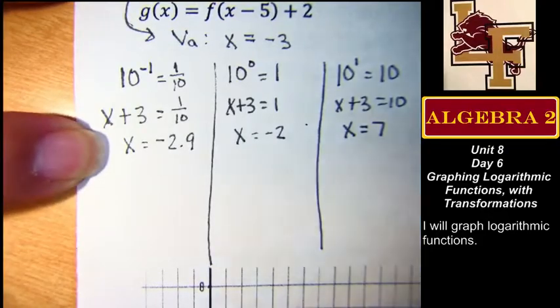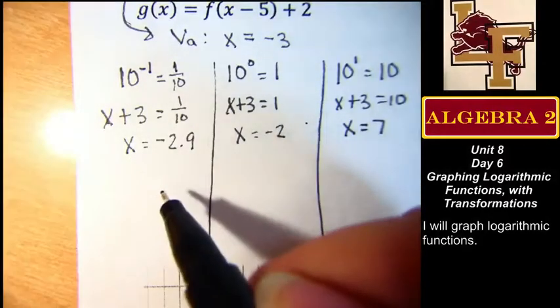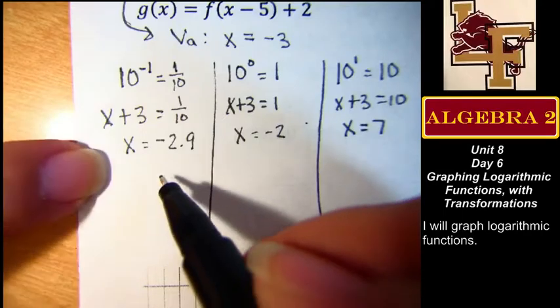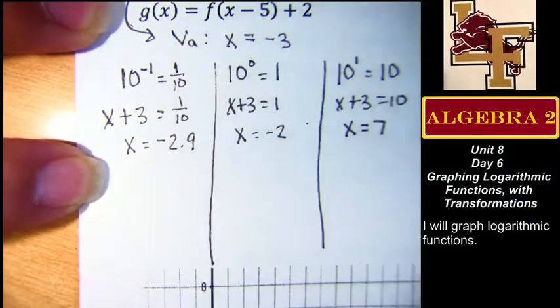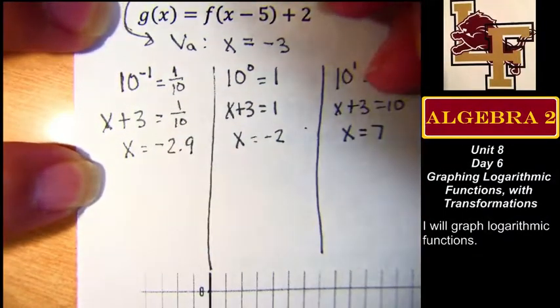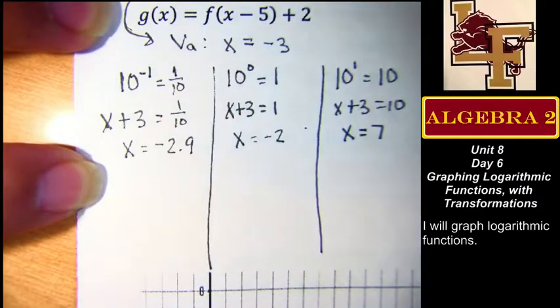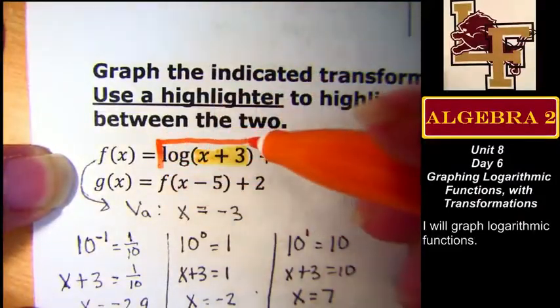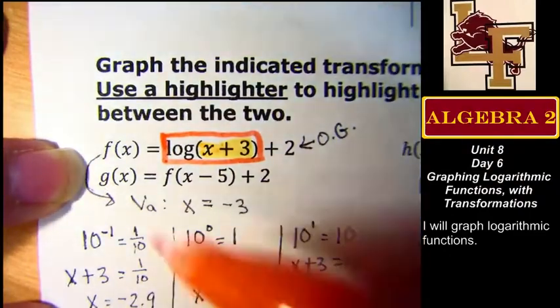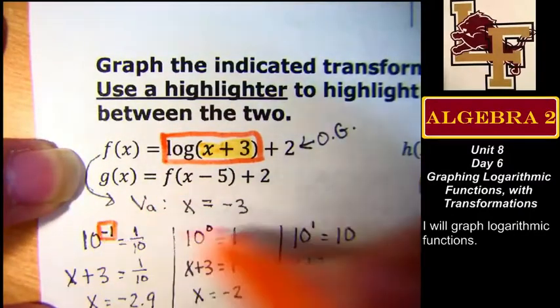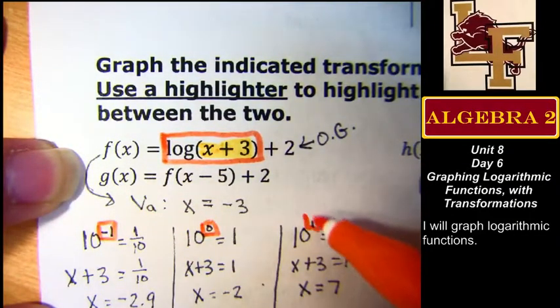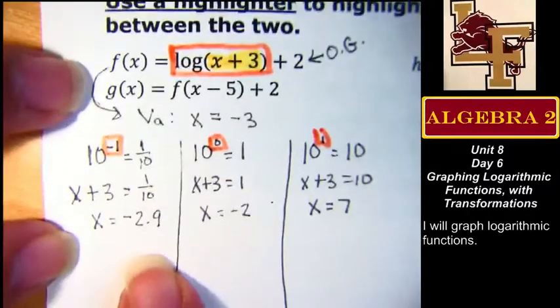Okay, on this first one, when x is -2.9, the entire logarithm gets to be replaced. So all of this, let me grab a different color. So all of this I can replace with this exponent when I use these values of x. Okay?